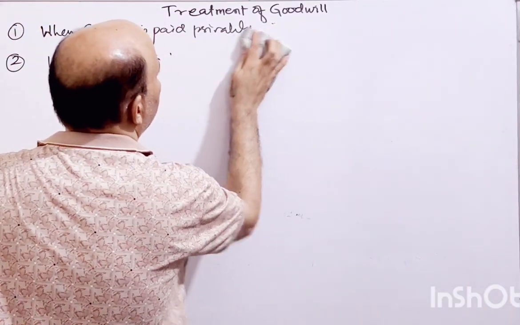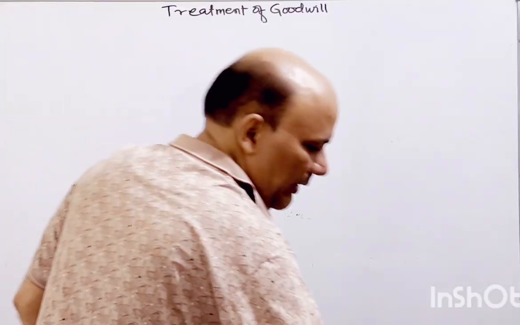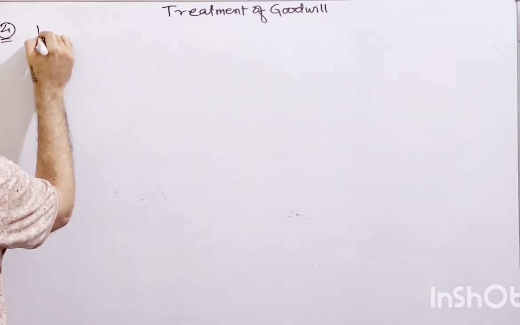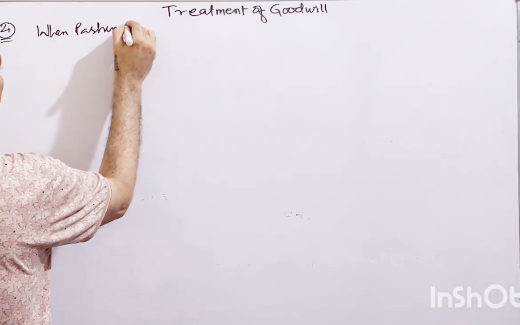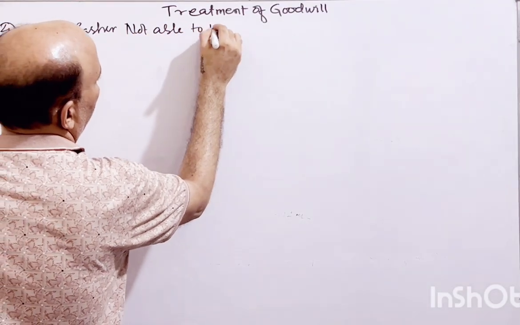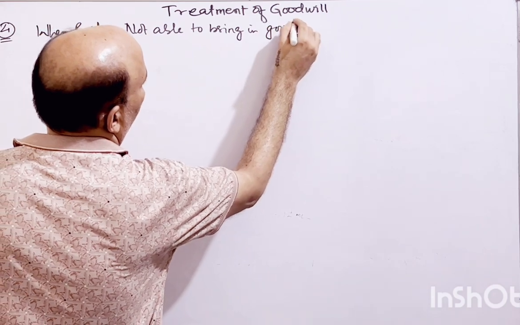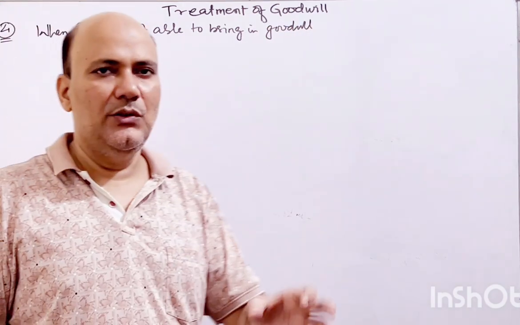The fourth situation would be when the partner is not able to bring in his goodwill. So the fourth case is when the partner is not able to bring in goodwill. The partner is unable to bring in goodwill right now.